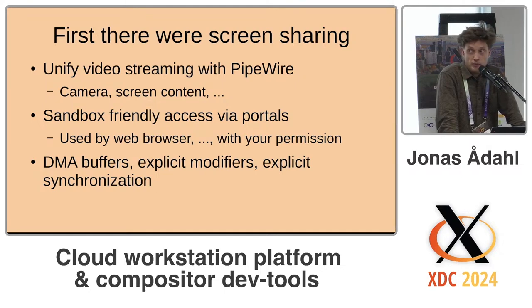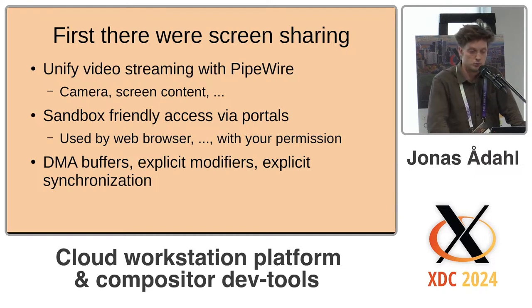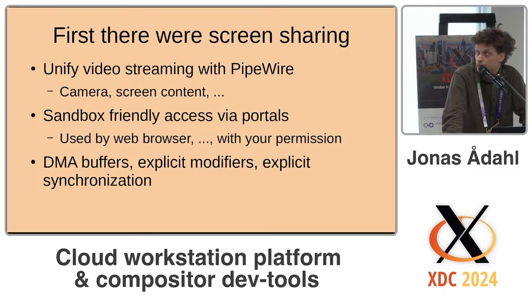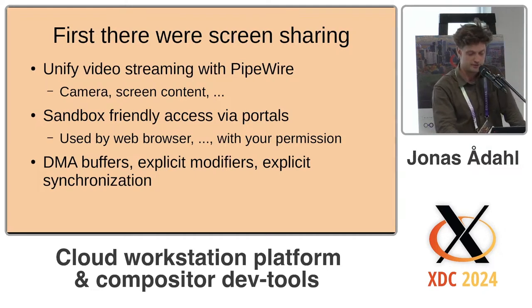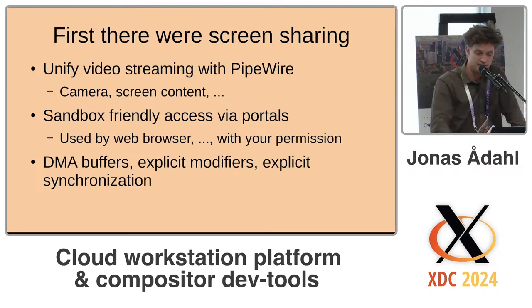It's used to plumb camera and now screen content and window content and anything that you have pixels on, or even audio eventually. It was designed to be privacy friendly, sandbox friendly, so it's used by web browsers. PipeWire supports all the kind of things that you expect these days: DMA buffers, explicit modifiers, explicit synchronization, and all that nice stuff.